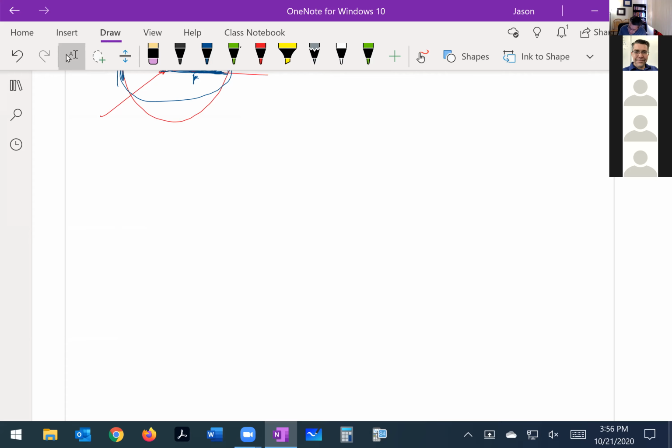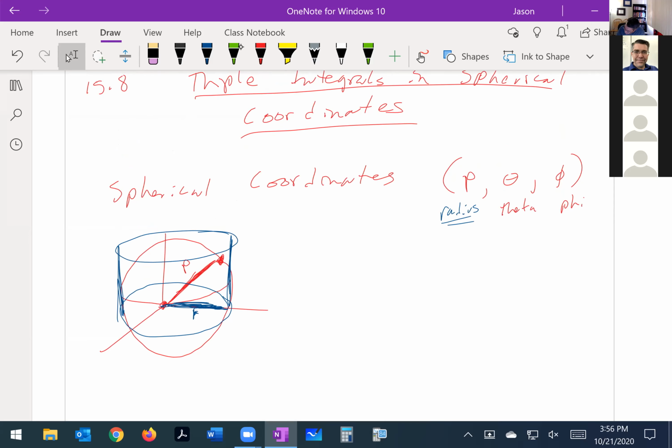So what the heck is phi now? I understand rho. I understand theta. Theta is this angle here, on the unit circle or on a circle. But what is phi?